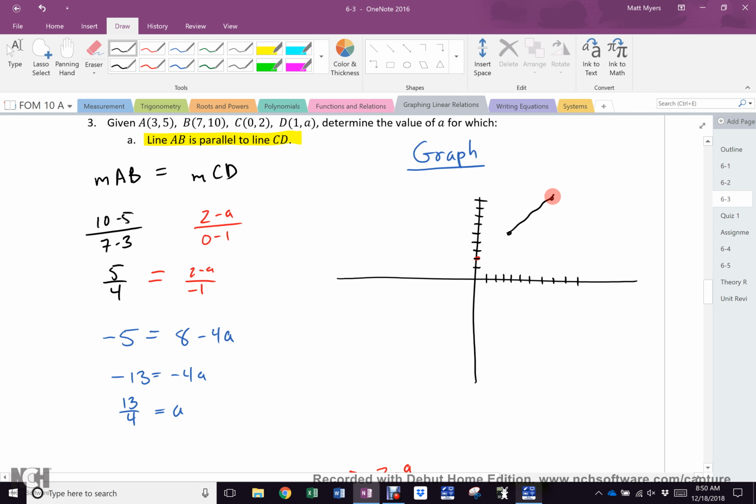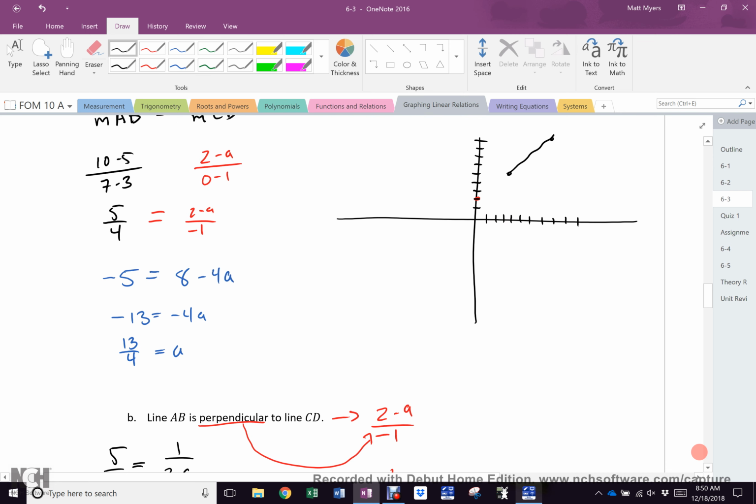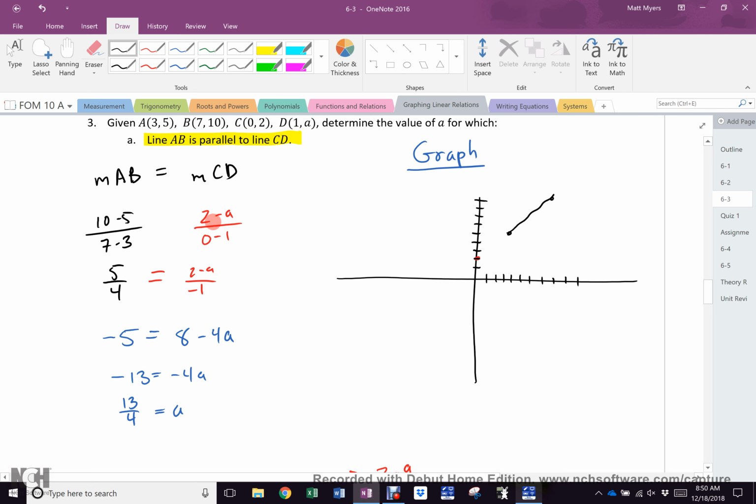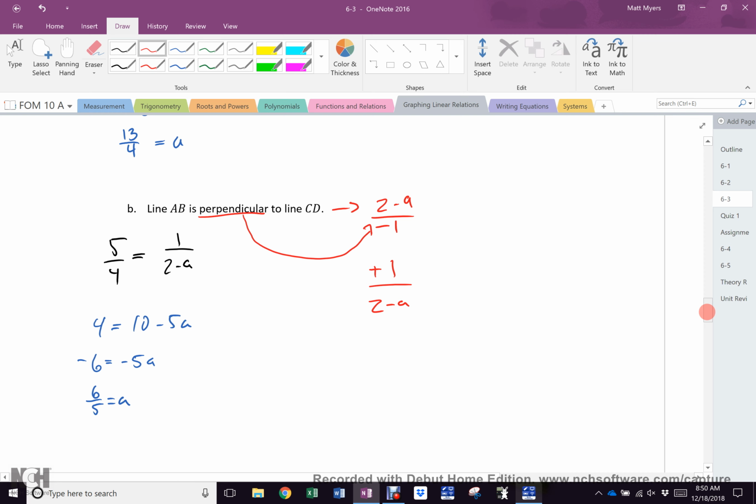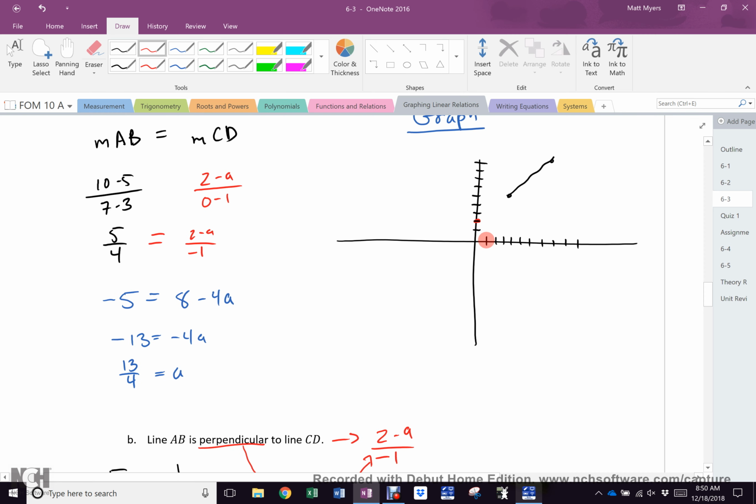There was A. And CD went from 0, 2, which I've got right there, to what? 1 and 6/5. How do I do 6/5? 1 and just a little bit more than 1.